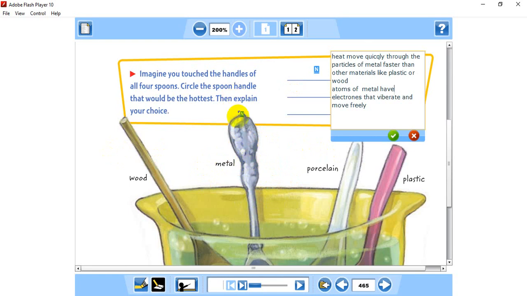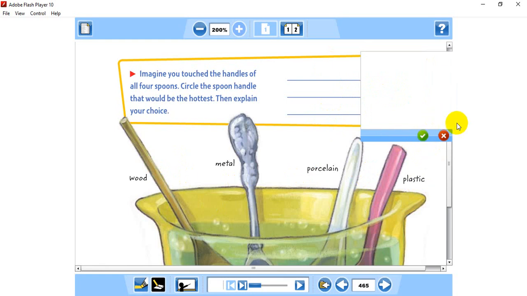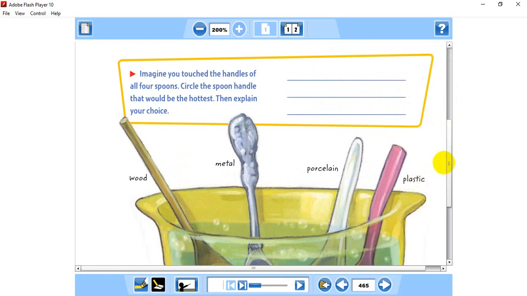Why does the heat move faster here in the particles? Because the atoms inside the particles of the metal have electrons that vibrate and move freely, more than wood or porcelain or plastic. I think now you get the idea why it happens like this, okay, guys. Anyway, we solved it.